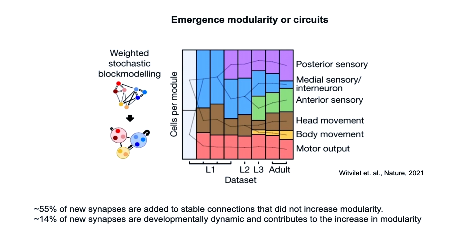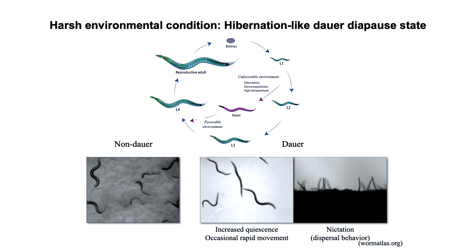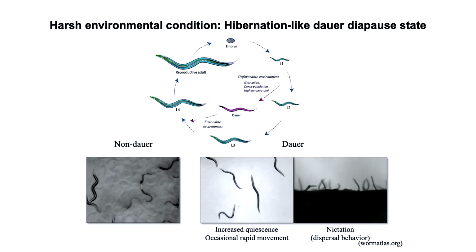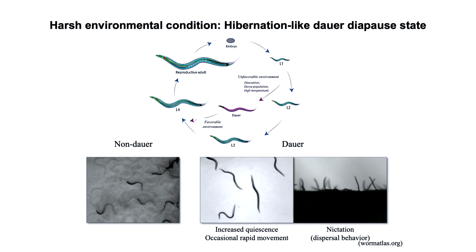So, I will take 2 more minutes here. One thing I talked to you about is how this circuit evolves through different developmental stages. But another interesting thing is, when you starve a worm population, it goes into a hibernation type of stage, the diapause stage.